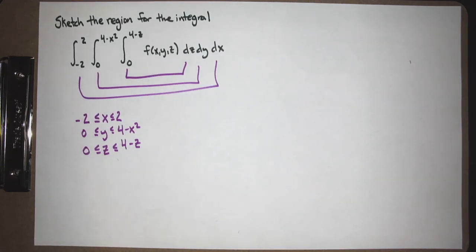I must have this copied down wrong, because that cannot be a 4 minus z. Oh dear, how did I get this wrong? Yes, it can't be a z. Okay, I'm just thinking about the shape.